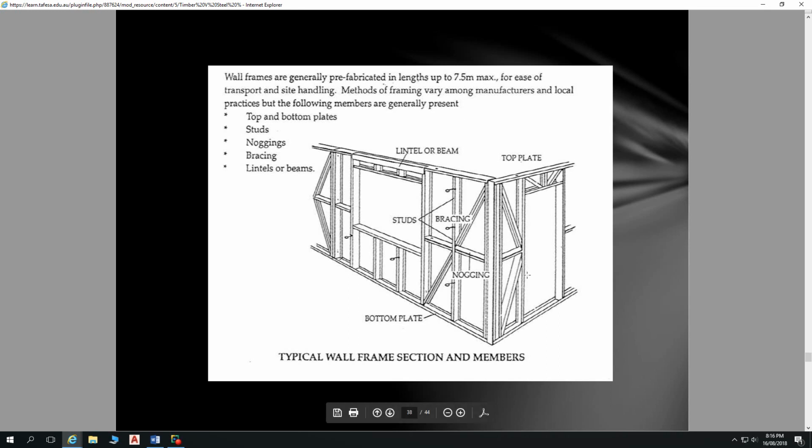With this cold rolled steel framing, there's less flexibility in design in some aspects, but then you get efficiencies in that this can be designed by a computer. The computer can talk to the machines that produce it, spit everything out.